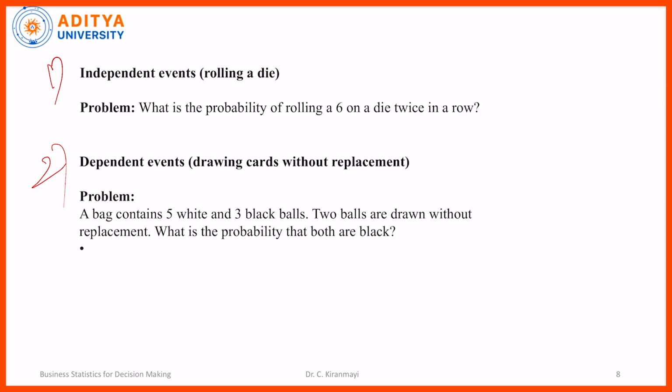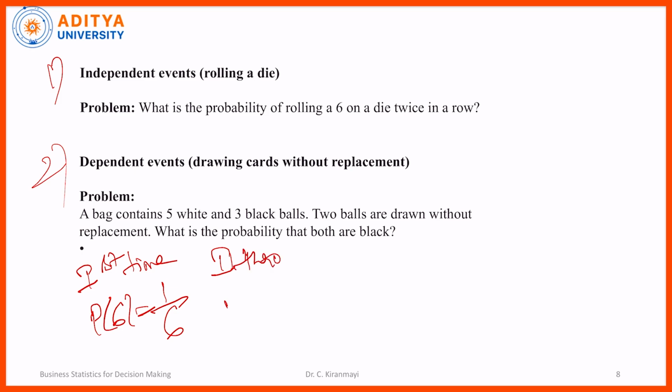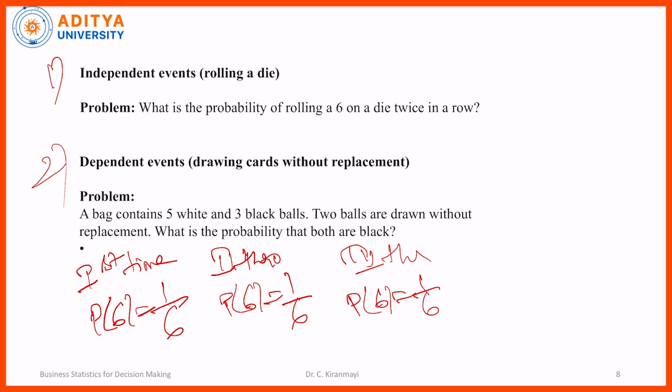For example, I want to get 6, and I am going to throw the die 3 times. The first time, the probability of getting 6 is 1 by 6, in the second throw the probability of getting 6 will be 1 by 6, and in the third throw it will be 1 by 6.